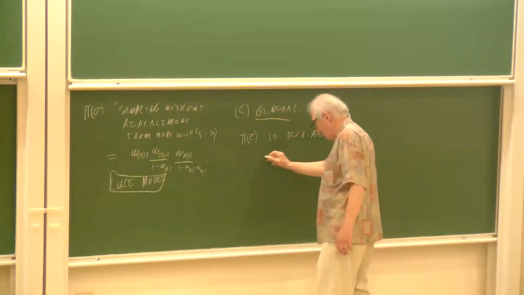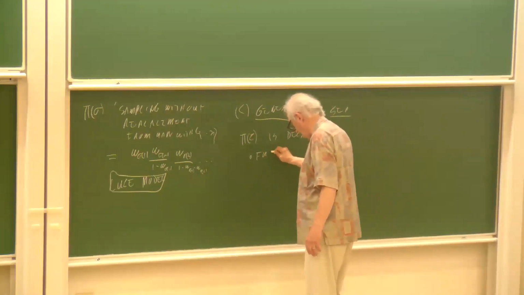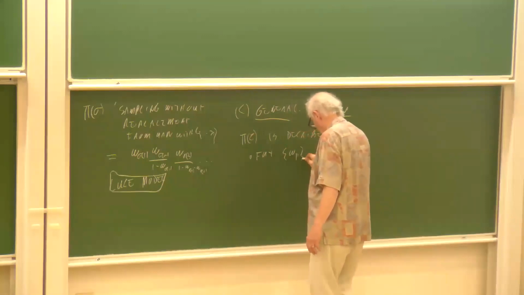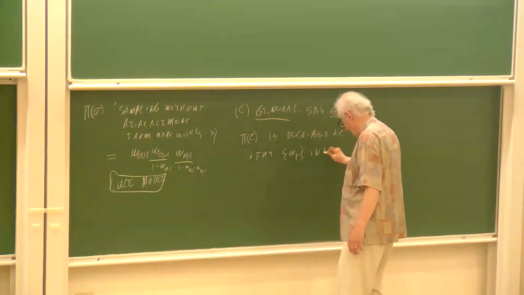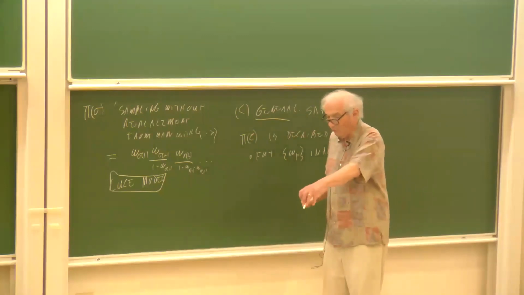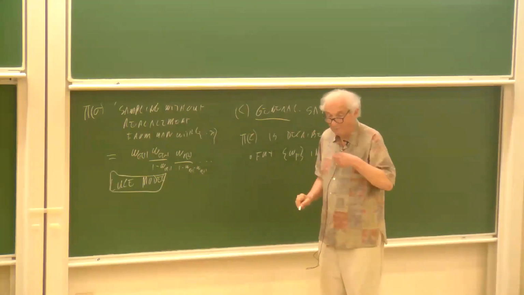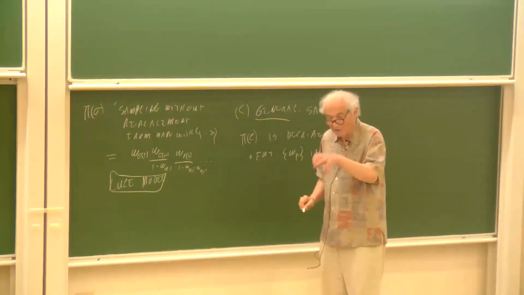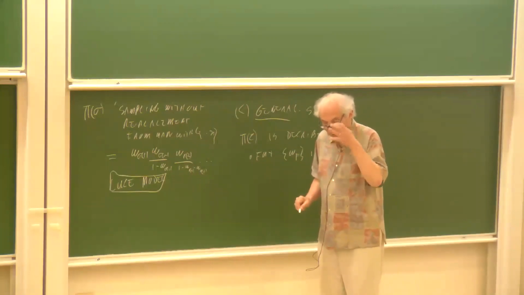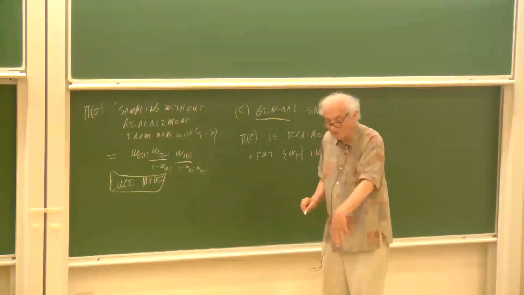I'll say it in steps. Put all the face weights, all of them, in an urn. Okay, and remove them one at a time, all of them, each time removing one of the face weights with probability proportional to its size relative to what's left.